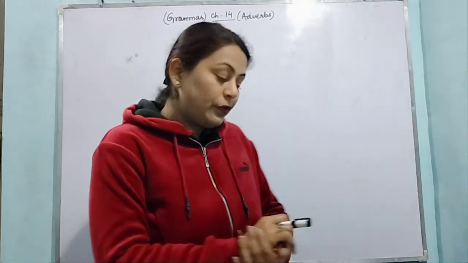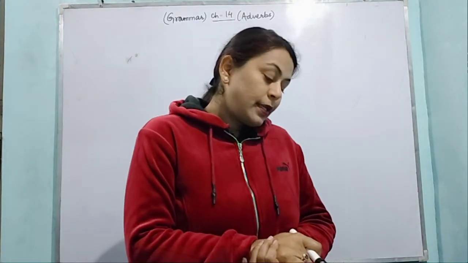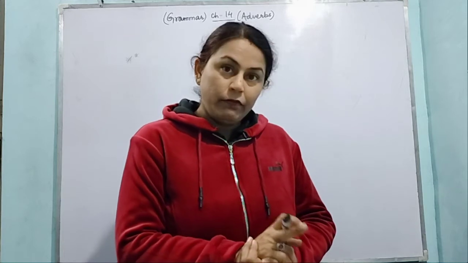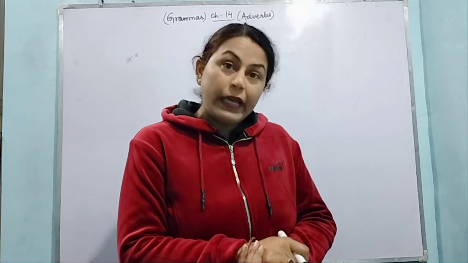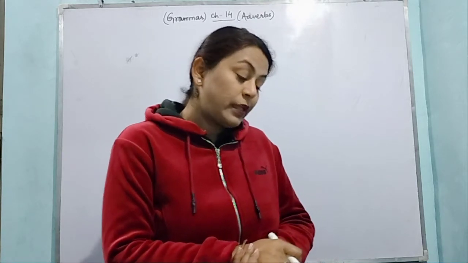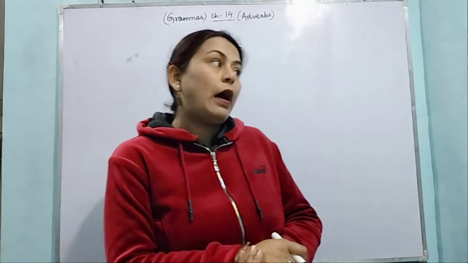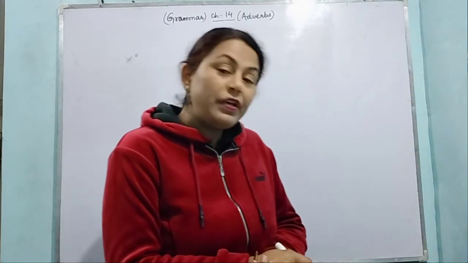Here they have given you one example. As an adjective, they have first made a sentence with very as an adjective: I was impressed with the very idea. Then as an adverb: I liked the movie very much.